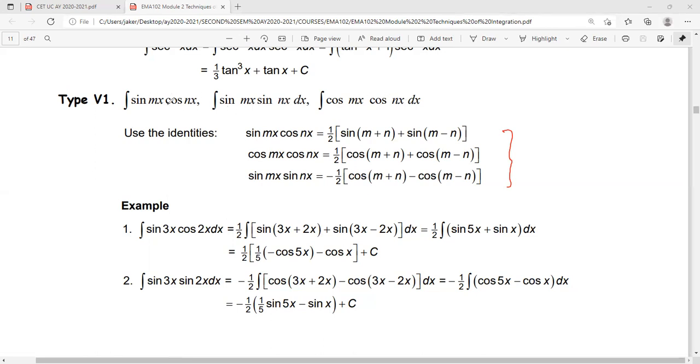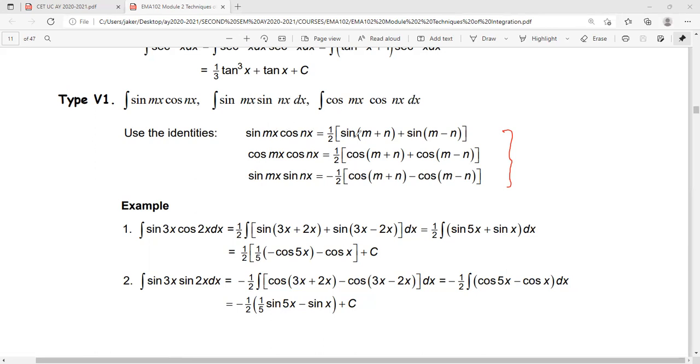Because if they could be represented by just one function, then right away you can use the basic trigonometric integrals, relying only on the formula of the sine and cosine. And it's in here, class. If you have a combination of sine and cosine which have different angles, you convert it to this expression.